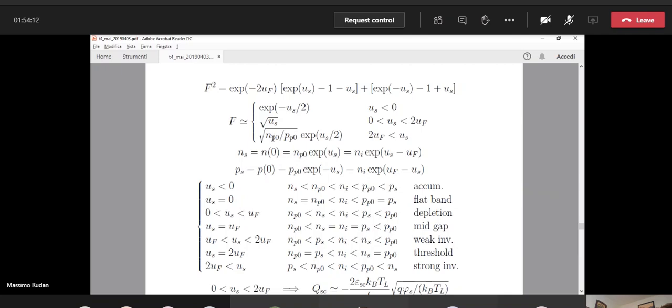And then we have the intermediate situation in which US is positive but not enough to make the exponential of US dominate. So maybe the other pieces will be dominant. So if US is between 0 and 2UF, the exponential with the minus will be small.